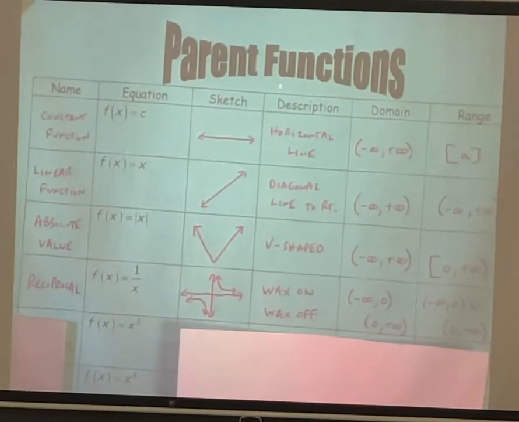So the domain is negative infinity to 0, and then 0 to positive infinity. So the y-axis is a boundary for the domain, and then for the range, the x-axis is a boundary. So it goes from negative infinity to 0, and then from 0 to positive infinity.